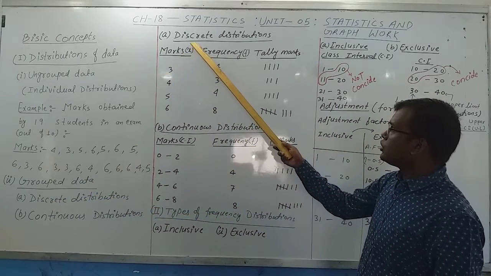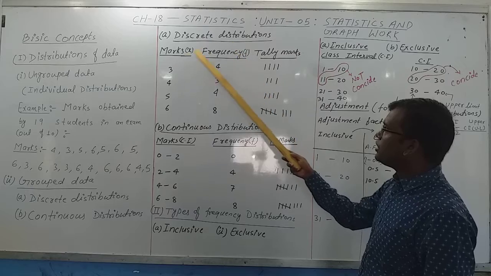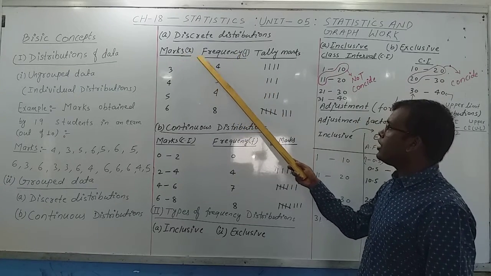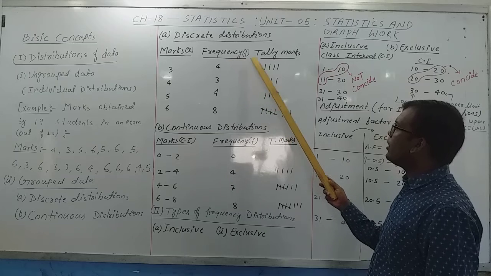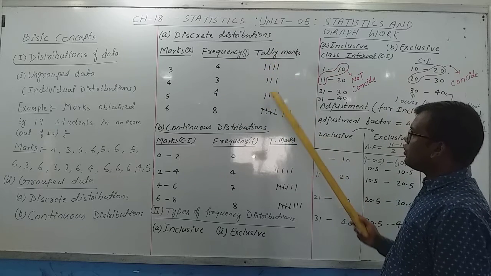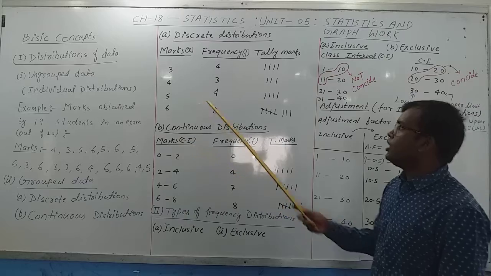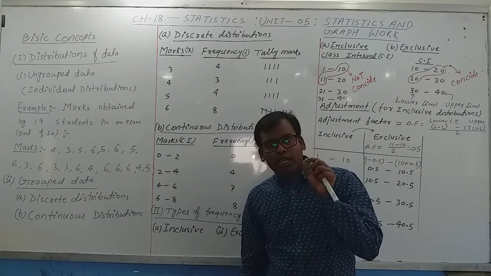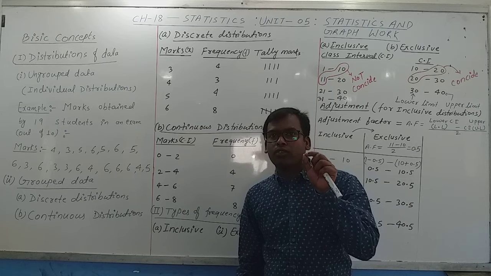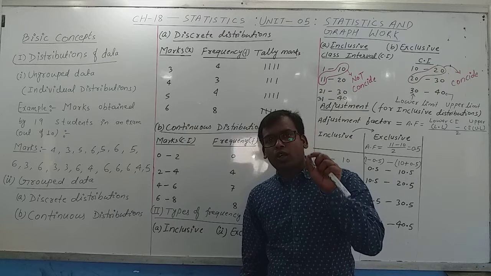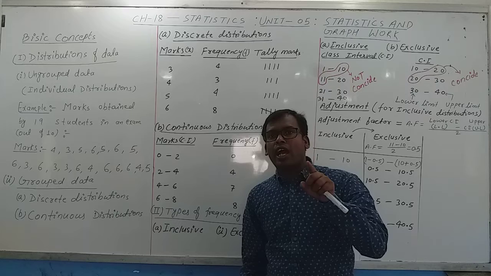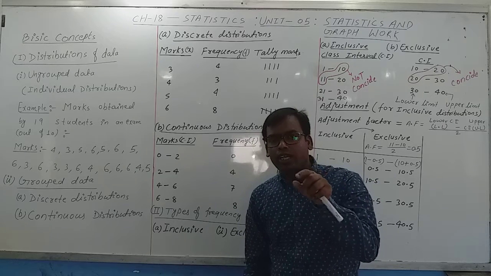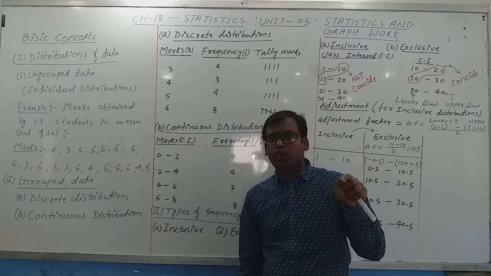Let's see here. So A, it is the discrete distribution. Marks we are representing over here as variable x, and frequency as f, and tally marks. This column you know from earlier classes. So here marks, if I am asking how many of you are getting 3 marks out of 10, just all of you raise your hand and I will count all of the students who get 3 marks out of 10.